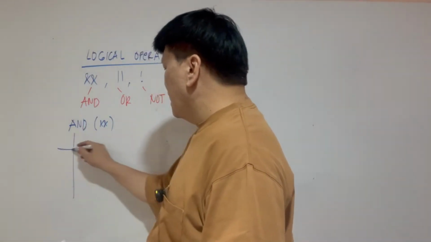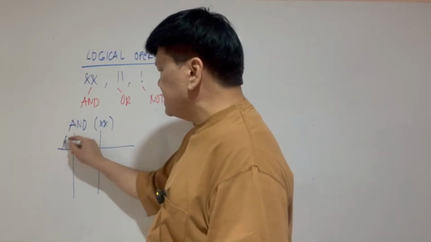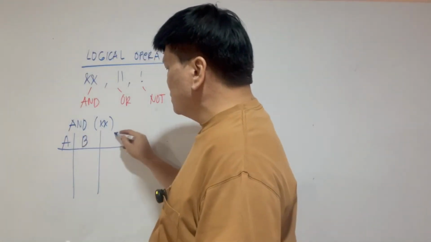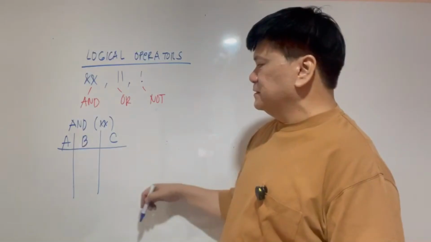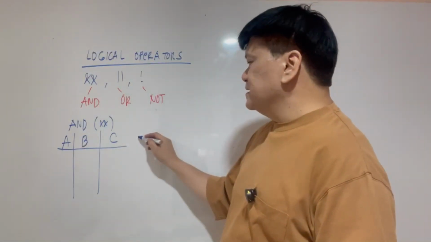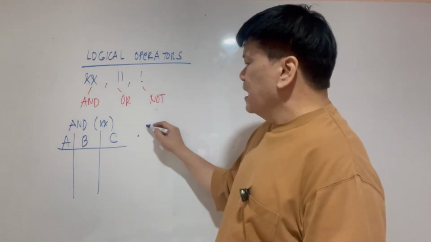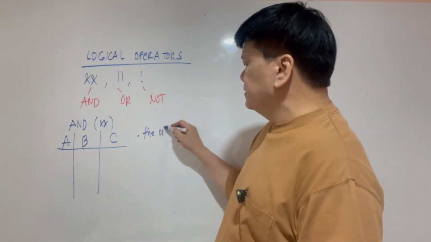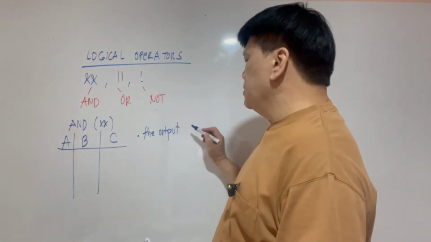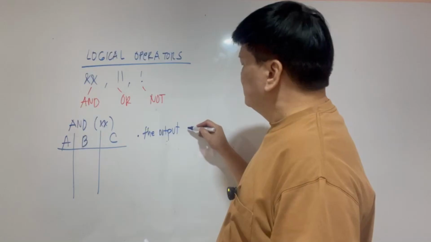Let's say I have here two inputs, A and B. So what will be my output? C. Now this is being defined as the output will give you true.